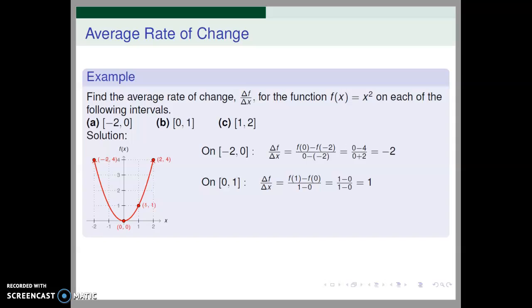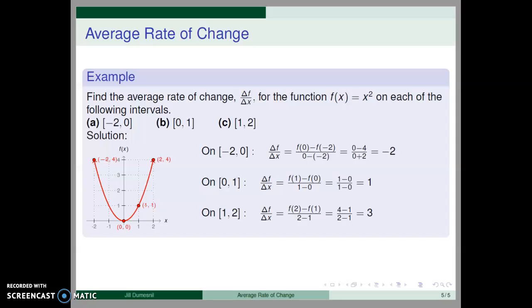On the interval from 0 to 1, we get f of 1 minus f of 0 over 1 minus 0. Since f of 1 is 1 and f of 0 is 0, this fraction, or rate of change, reduces to 1. Finally, on the interval from 1 to 2, we get that the average rate of change in the function is 3.